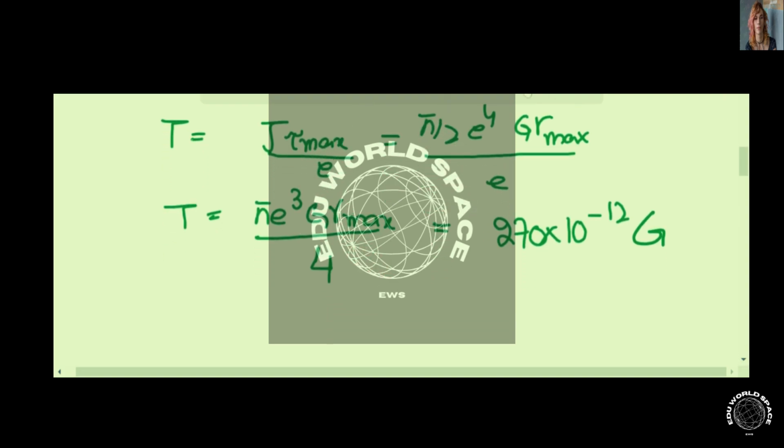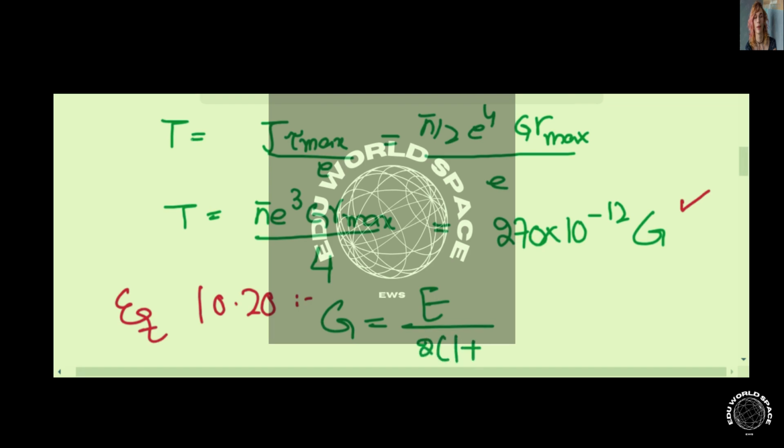Now, since we have the value for the torque, right, torque was one of the things that we needed to find. So now we are going to use equation 10.20, right? G is equal to E divided by 2 times 1 plus epsilon, right?